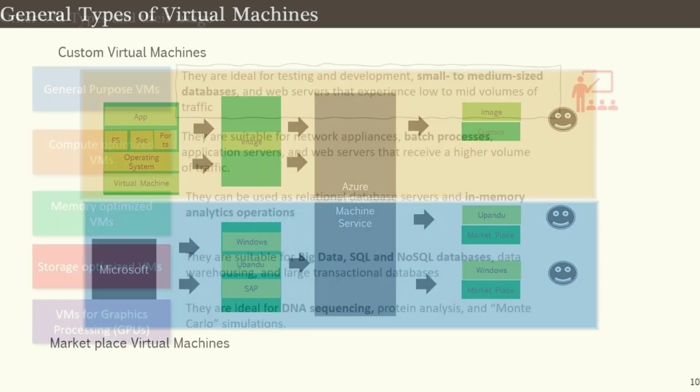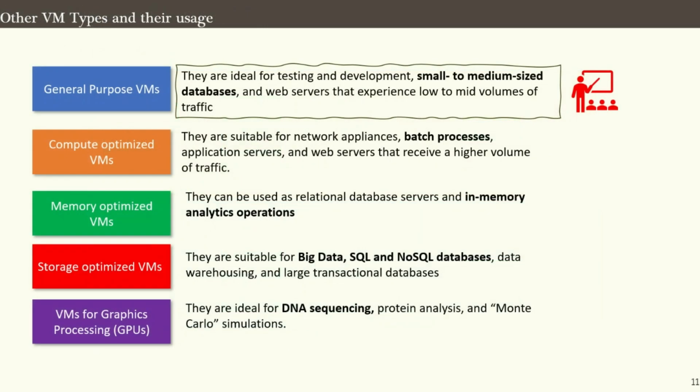Let us see the other types of virtual machines available in the market. The first one is general purpose VMs. These general purpose VM sizes provide balanced CPU to memory ratio. They are ideal for testing and development, and also a good one for small to medium databases and low to medium traffic web servers.